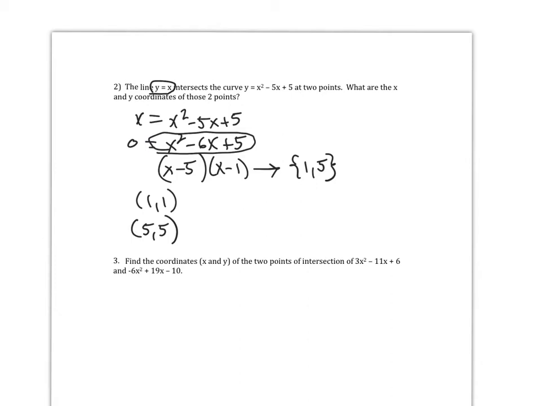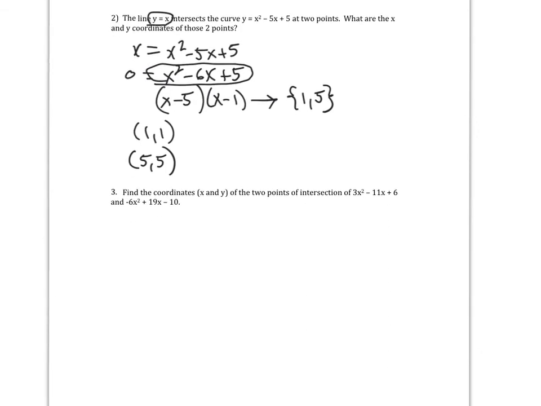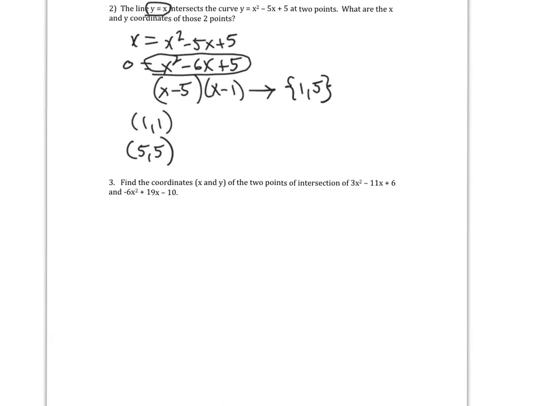Okay, next one, we again have these intersections, so we're going to set 3x squared minus 11x plus 6 equals negative 6x squared plus 19x minus 10. So I'm going to set the right side equal to 0, so I'm going to add 6x squared, I'm going to subtract 19x, and I'm going to add 10.